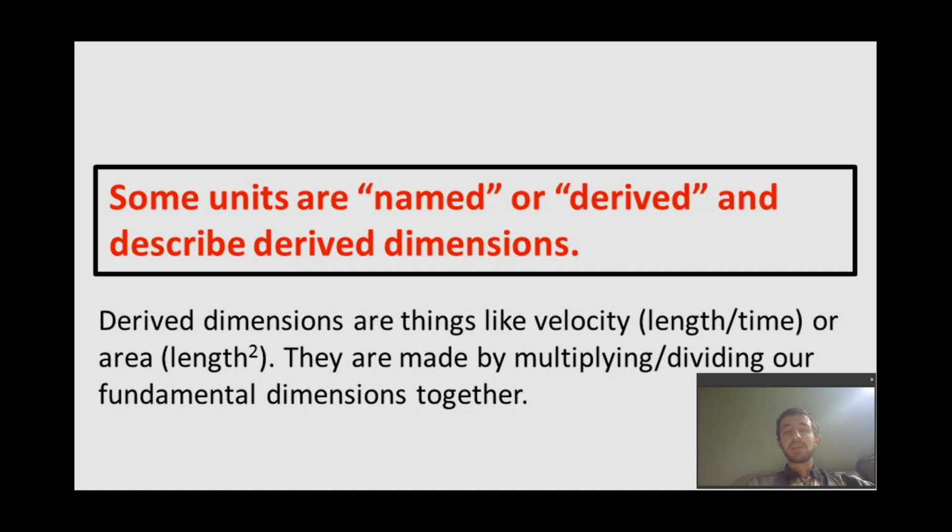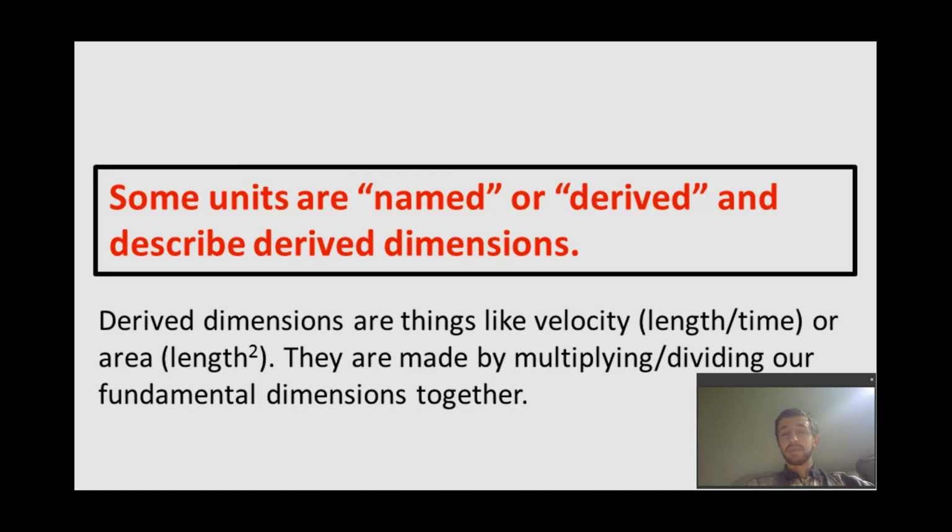Derived dimensions are any time we take our fundamental dimensions, which are length, time, mass, and temperature, and there's a few others which we don't use that often, and we multiply or divide them together. So length over time, that's velocity. Velocity is the derived dimension. Length and time are our fundamental dimensions. Length squared, that's area. Area is our derived dimension. Length is our fundamental dimension.